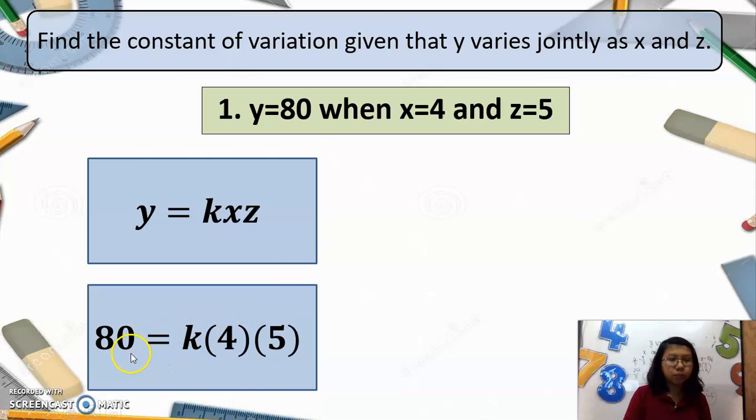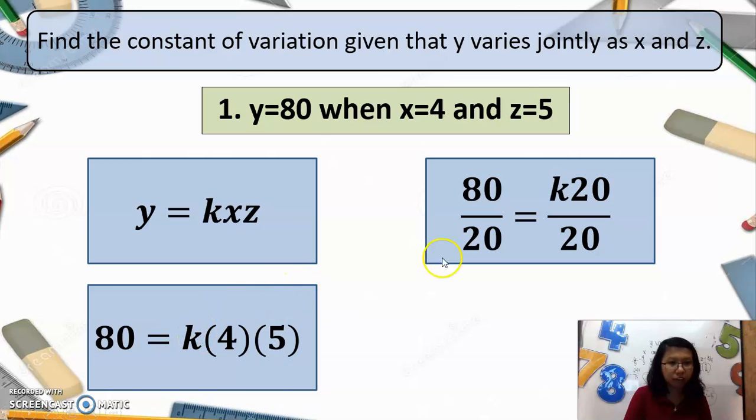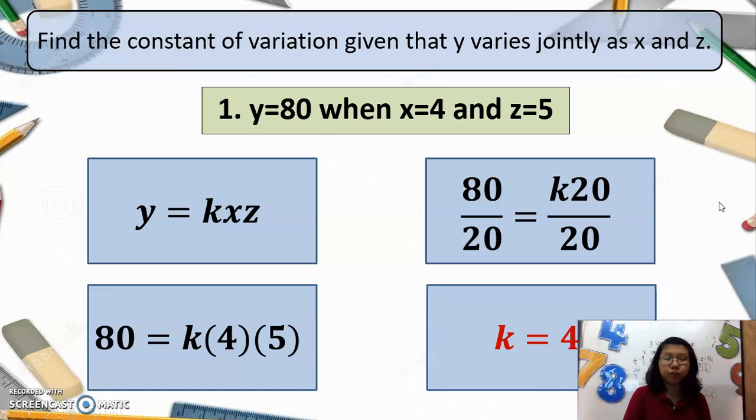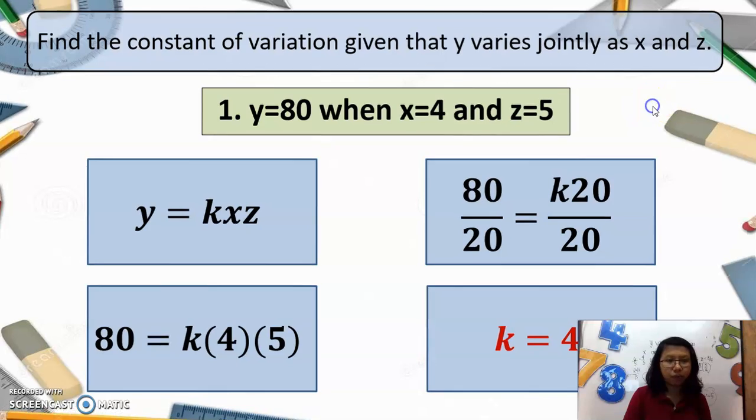Then it will be 80 equals k times 4 times 5, because the value of y is 80, the value of x is 4, and the value of z is 5. Simplifying, we will have 80 equals 20k. Then divide both sides by 20. The answer will be 4. So the value of the constant will be positive 4.